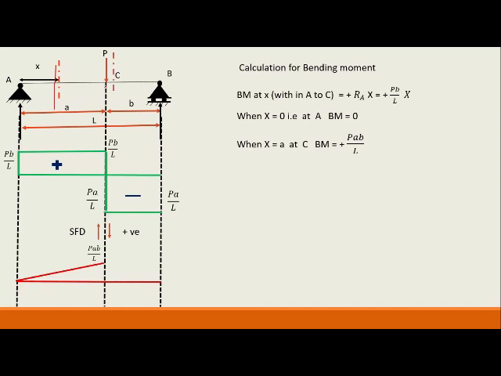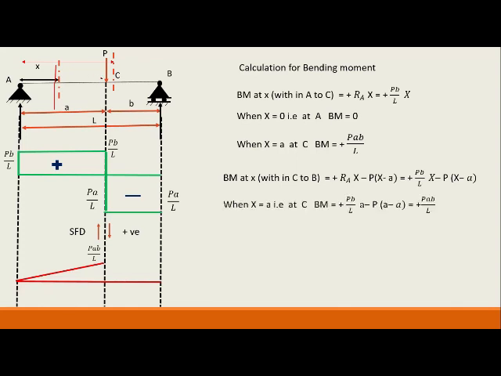Beyond point C, where the point load P acts, with the section at distance x, the equation will be RA into x minus P into x minus a. So this small distance is x minus a.